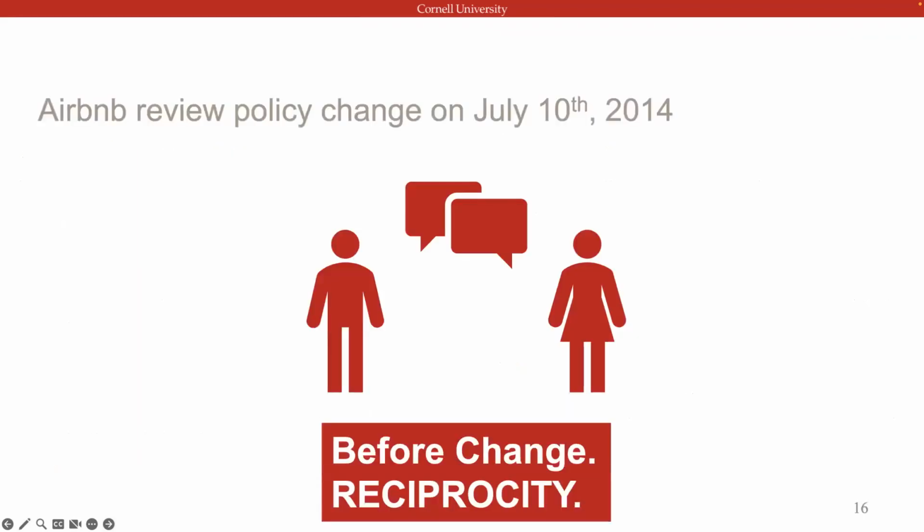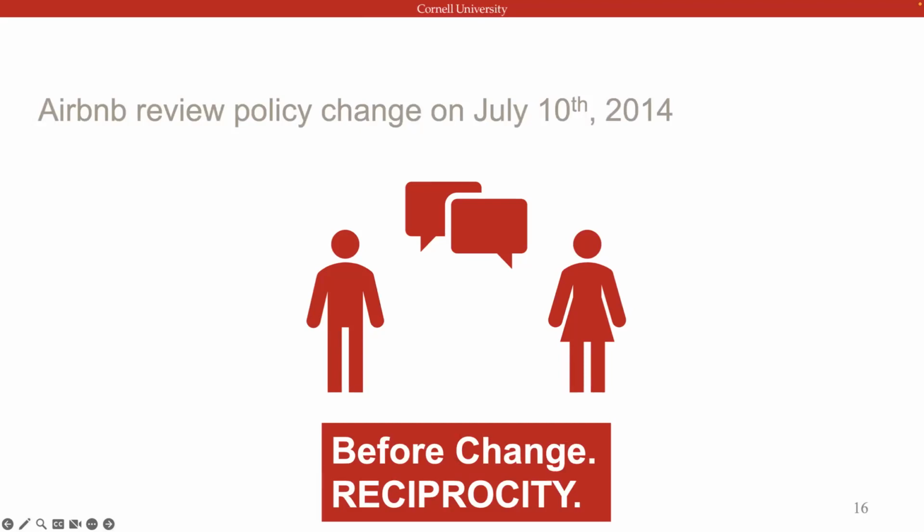And let me give you an example of what I'm talking about in terms of policy change. So prior to the policy change on July the 10th, 2014, hosts and guests on Airbnb had the power to see each other's review content right away after posting. So imagine the dynamic of that.